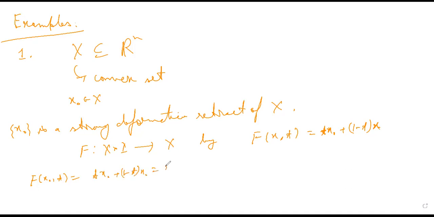So we defined the homotopy like this. Then you can see that F(x naught, t) equals t x naught plus (1 minus t) x naught, which equals x naught for every t, and F(x, 1) equals 1 times x naught plus (1 minus 1) x, that is x naught. So this shows that capital F is a strong deformation retraction of X to x naught.